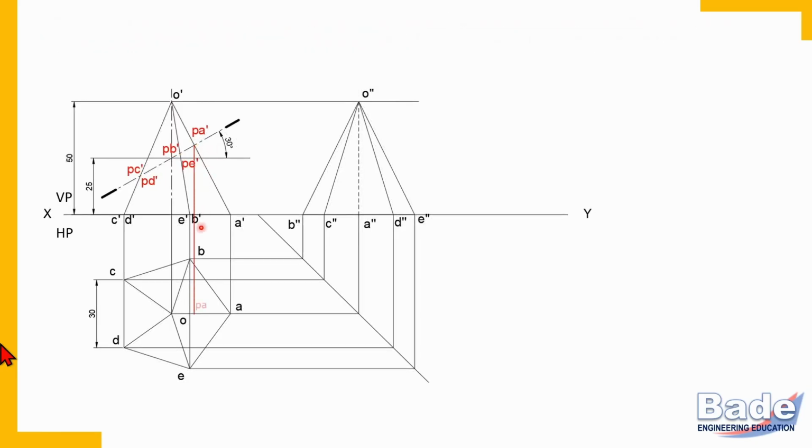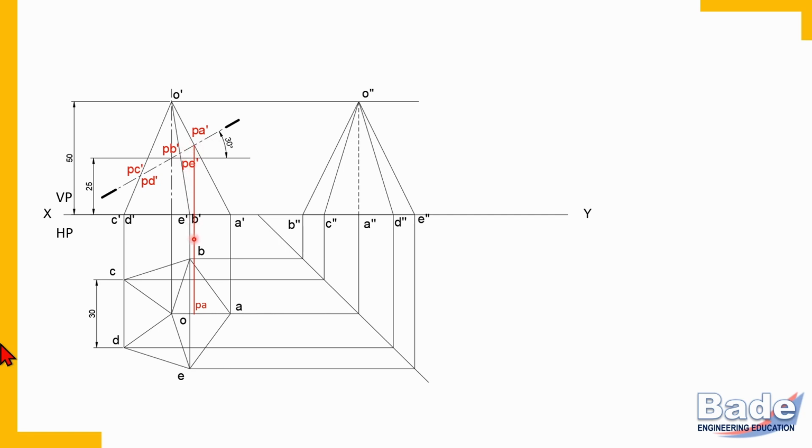From PA, a vertical projector. So this is how PA dash we have transferred in the top view as PA on edge OA. Take care. When we draw this vertical projector, it intersects edge AB also. But remember, not all points of intersection in the diagram are significant. This projector is the projector of PA.